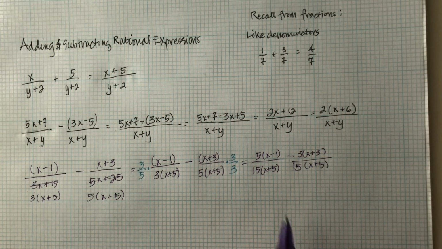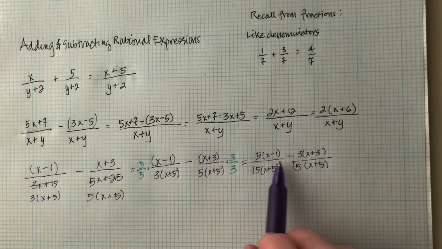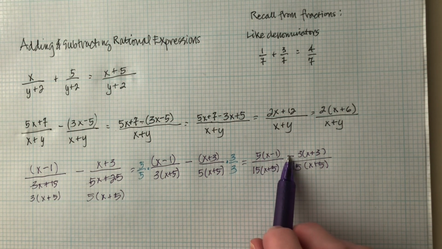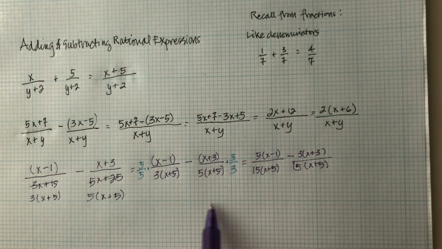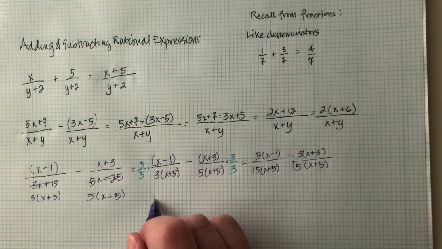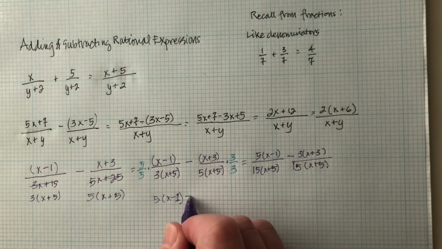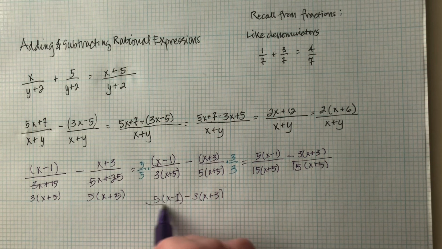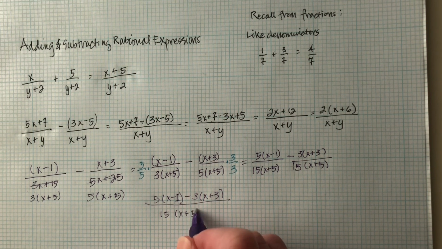And now that I have like denominators, I can rewrite this as one entire expression. And as I do that, of course, it's going to be easier to see that I've got to remember this negative sign here that has to be distributed. So let's go over here and write 5 times x minus 1 minus 3 times x plus 3 all over 15 times x plus 5.